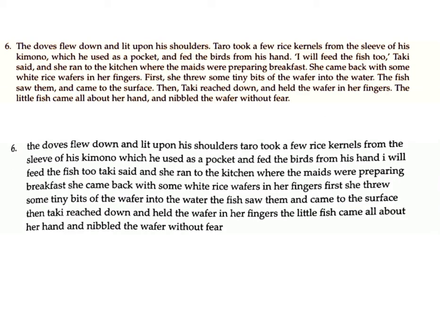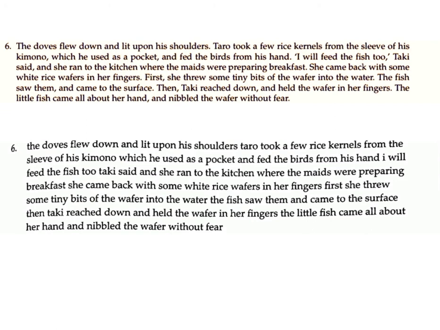6. The doves flew down and lit upon his shoulders. Taro took a few rice kernels from the sleeve of his kimono, which he used as a pocket, and fed the birds from his hand. I will feed the fish too, Taki said, and she ran to the kitchen where the maids were preparing breakfast.